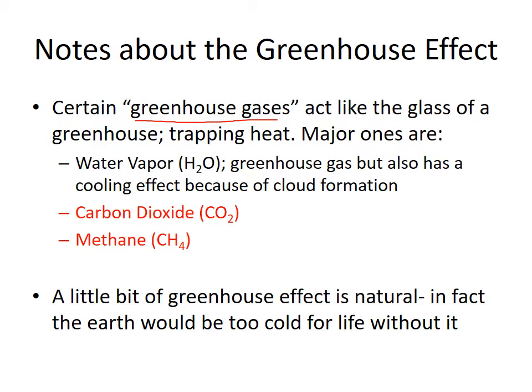So increasing water vapor doesn't really affect the warming in the same way that increasing the other greenhouse gases does. So that's why I have carbon dioxide and methane in red. They are very significant greenhouse gases, both of which have increased a lot due to human pollution.